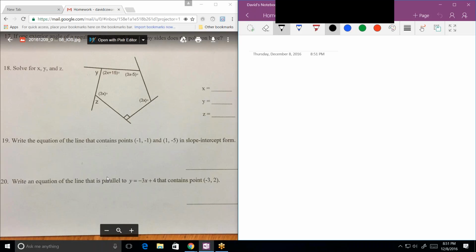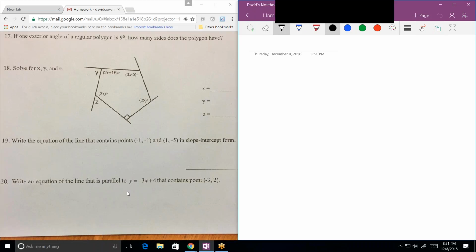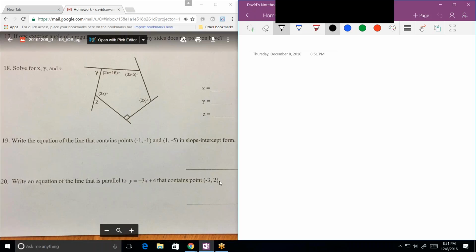Now, 20. They're basically giving us a point and a slope, right? What's the slope? Minus 3. Yeah, you're right. Sorry, I thought that word was perpendicular.